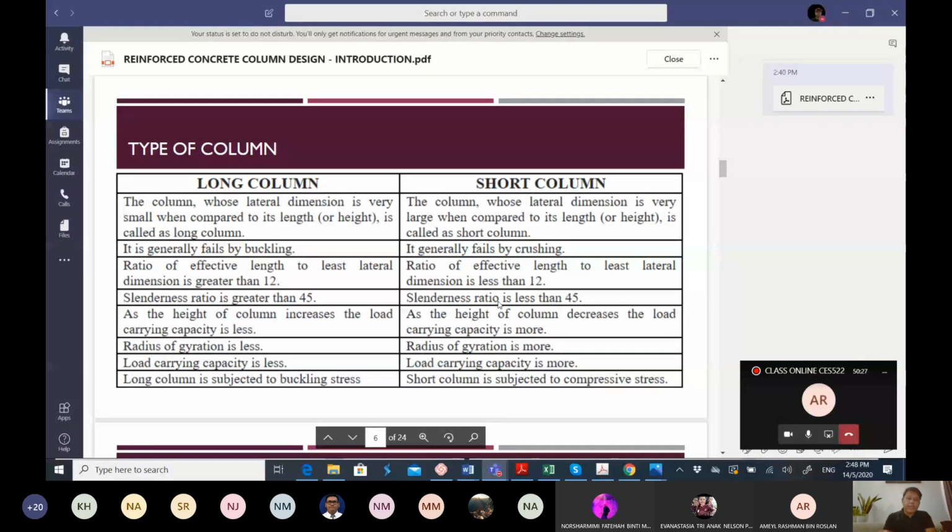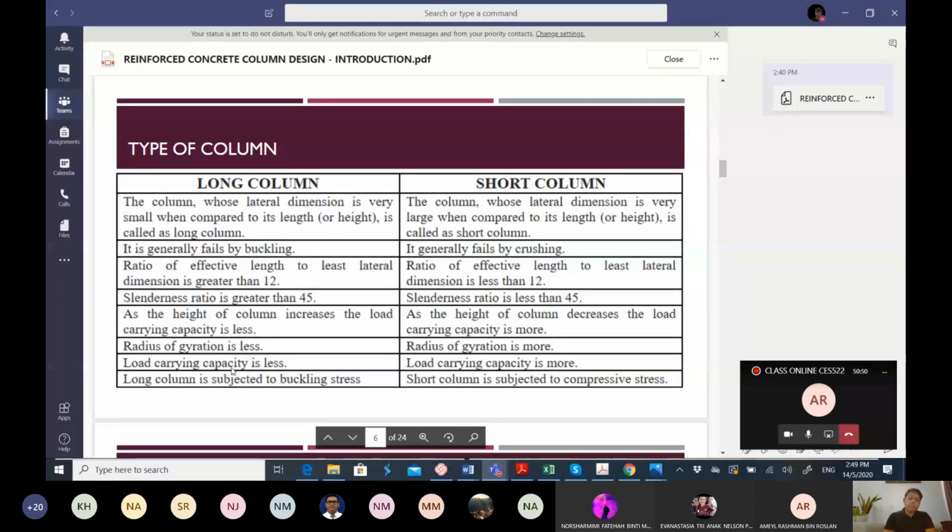But we will determine the slenderness ratio based on the Eurocode method, so I will show the example later. Another thing is the radius of gyration, how the load is carried. The long column is subject to buckling stress, but the short column is subjected to compressive stress because it fails due to crushing.